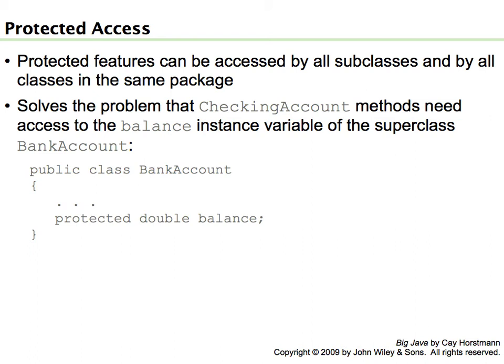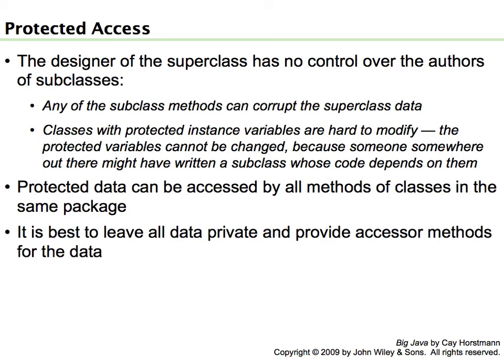Public means that every other class, regardless of the relationship, will have access to it. Private means no other class will have access to it. Protected means only this class and its subclasses will have access to it. So if something extends bank account, it will have direct access to this variable that is defined as protected.